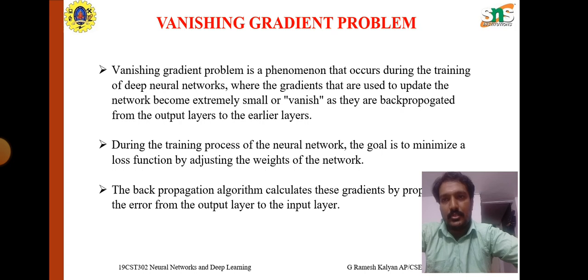This point is known as the vanishing gradient problem, and it occurs during the training of deep neural networks.